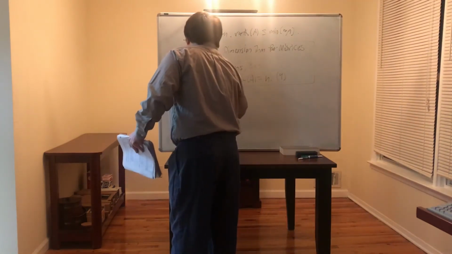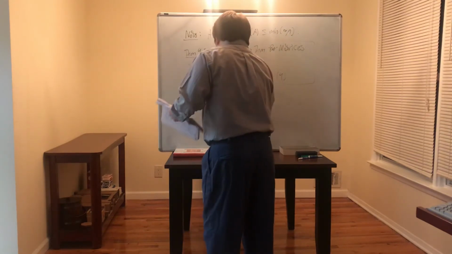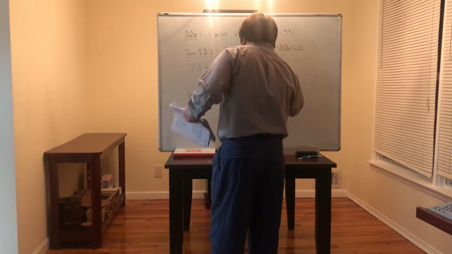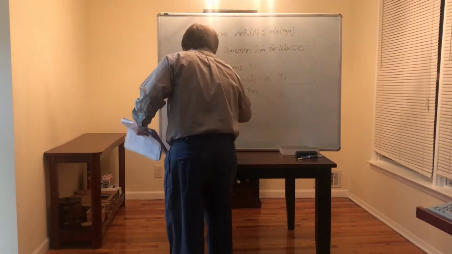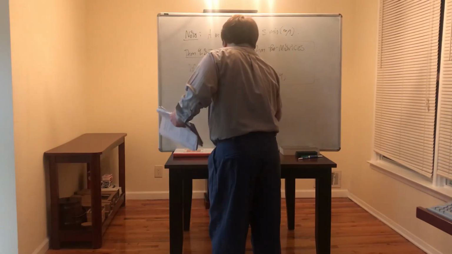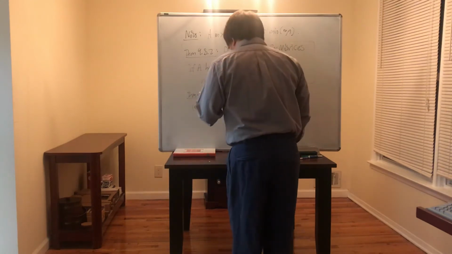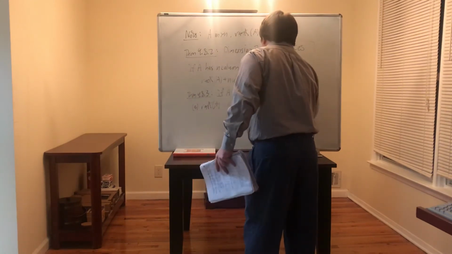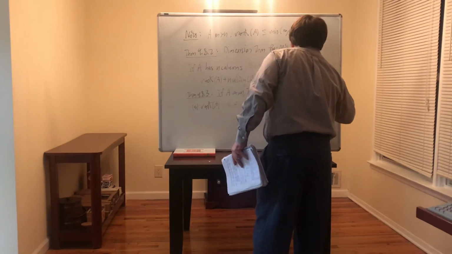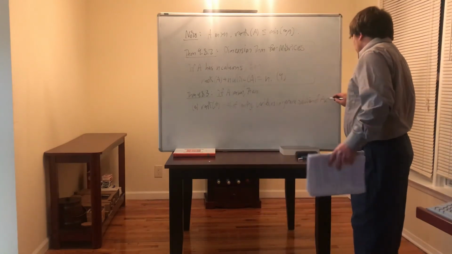Theorem 4.8.3. If A is m by n, then part A: the rank of A is equal to the number of leading variables in the general solution of AX equals 0.